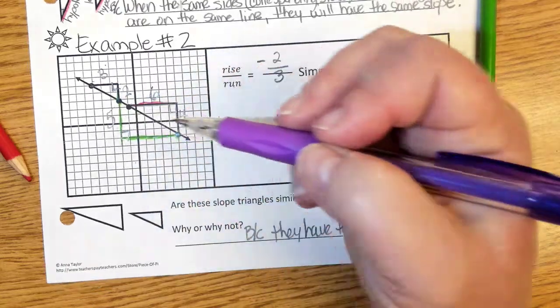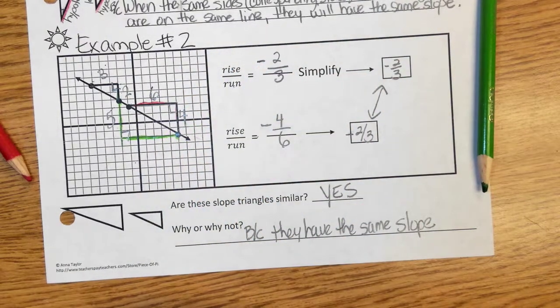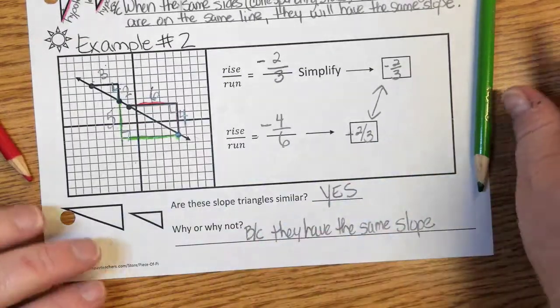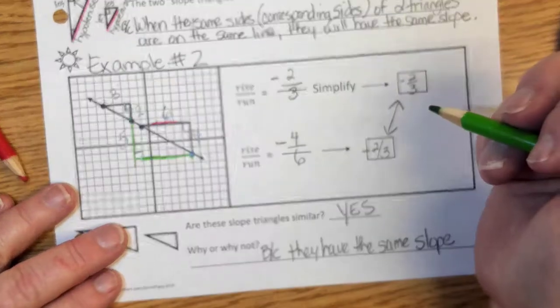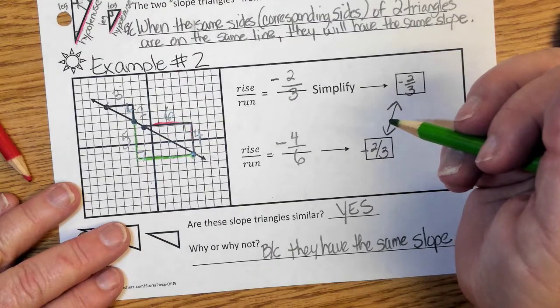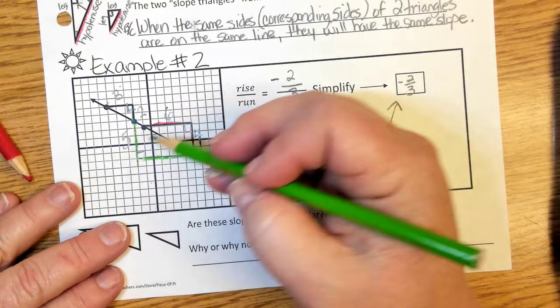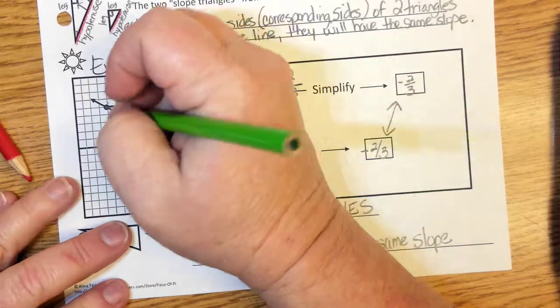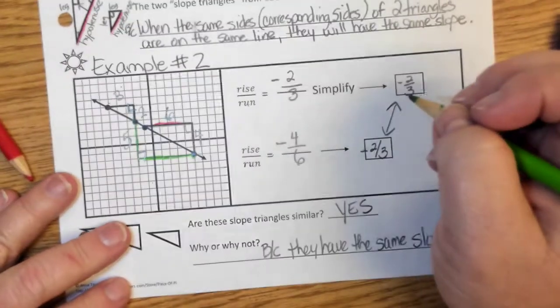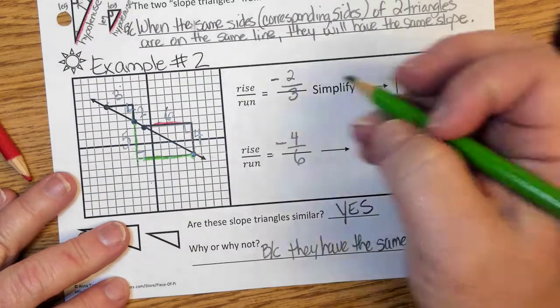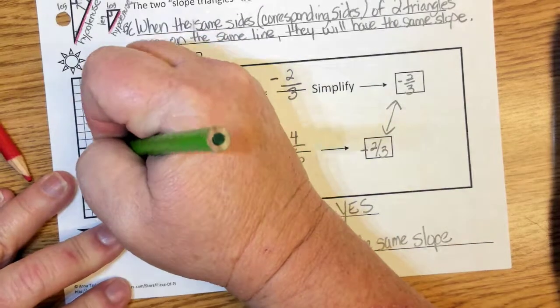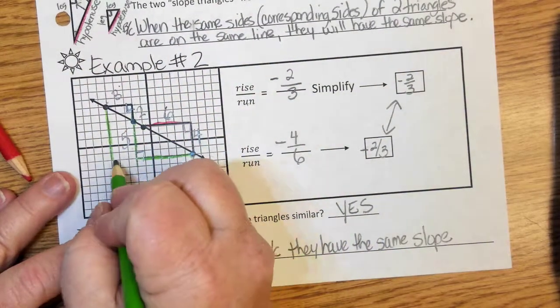Something's not working. What did I do wrong, people? 1, 2, 3, 4, 5, 6, 7. I don't like this. It is not working. It should work. Because 5/7 isn't going to give me 2/3.